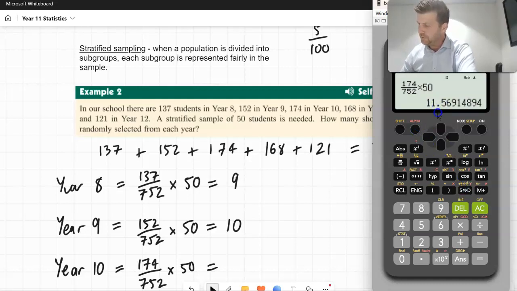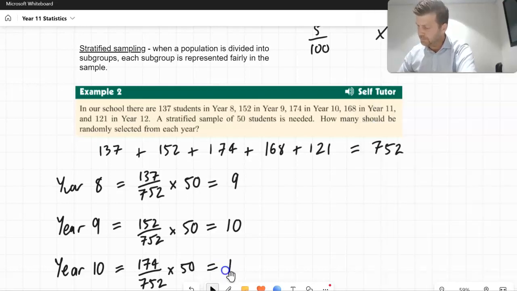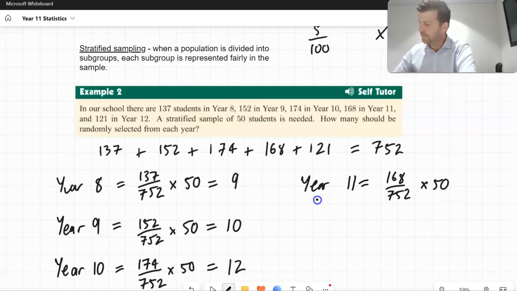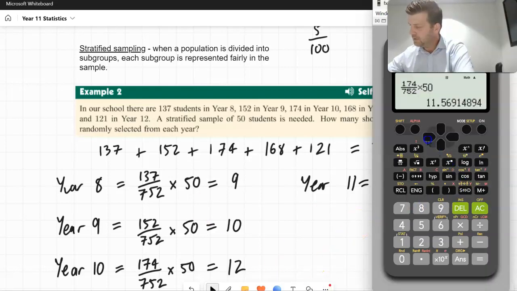Let's round that up to 12 this time, 12 Year 10s. Year 11s, 168 over 752, that's 50. 11 students there.